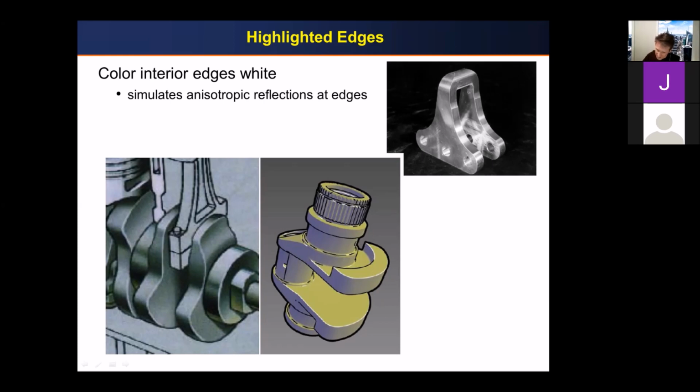And that's how you can render really impressive objects. Of course, there's also tone shading, and we'll talk about tone shading in a minute, but for now we'll focus on these edges. Color interior edges white, and the other ones that point away black. You can really create a nice non-photorealistic effect.